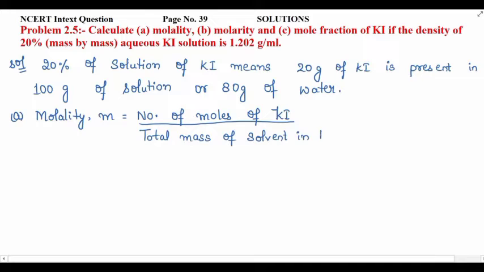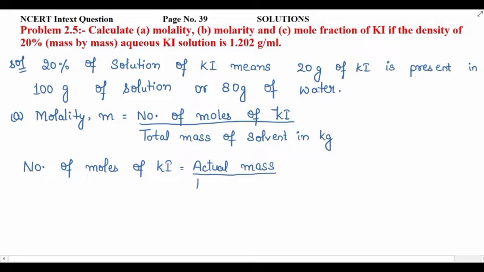Now apply the formula of number of moles of KI. Here the mass of solvent is in kg. So the number of moles of KI means given mass or actual mass upon molar mass of KI.